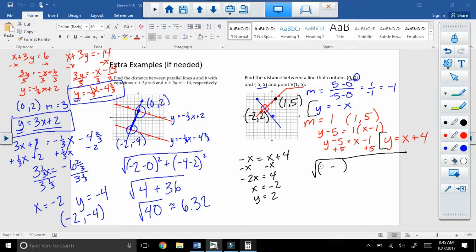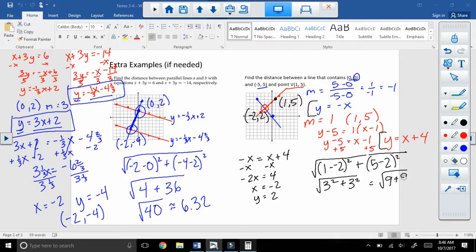Subtract those x values. So that's going to be 1 minus negative 2 squared, plus subtract those y values. So that's 5 minus 2, and that's squared. So this is going to be 3 squared plus 3 squared.